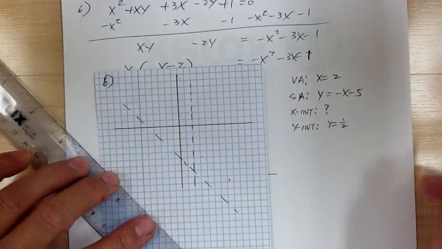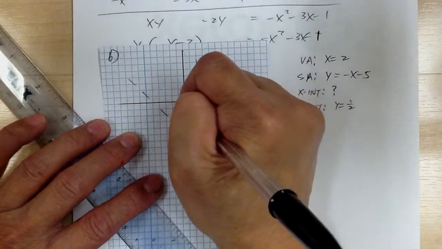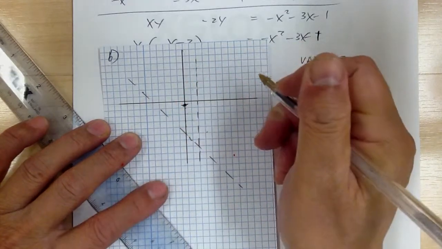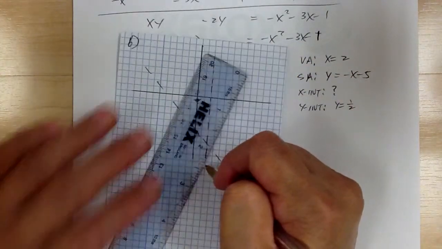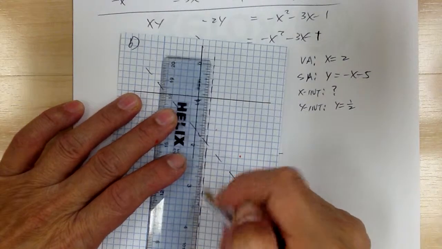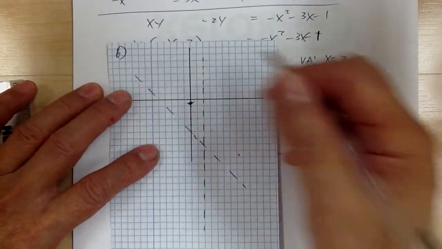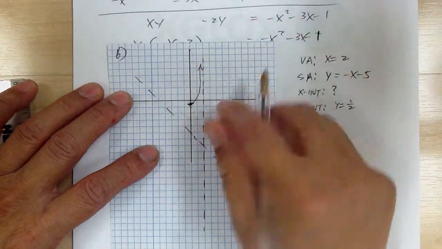Then you have the y-intercept equal to 1/2, so that is right over here. From here, the vertical asymptote, there's no question about this, is going to be like this.